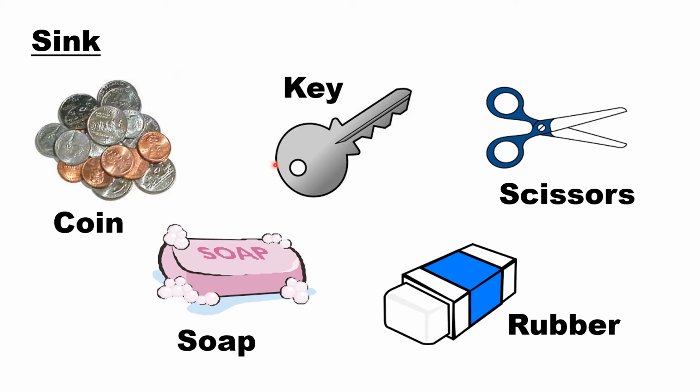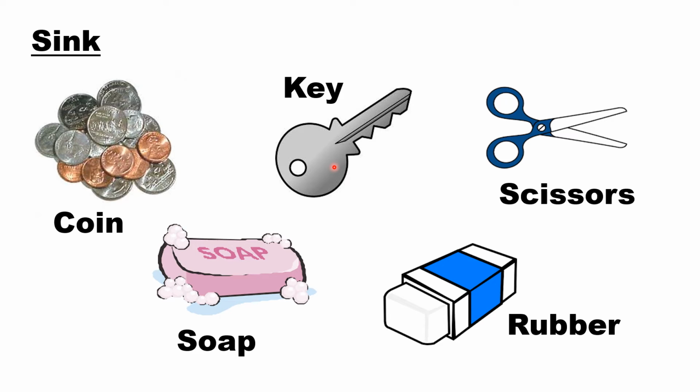So first, we are going to identify the things that will sink. As you can see on the screen, there are different things. When you put them in the water, they will go down. They will sink. Number one, coin. Repeat after me. Coin.